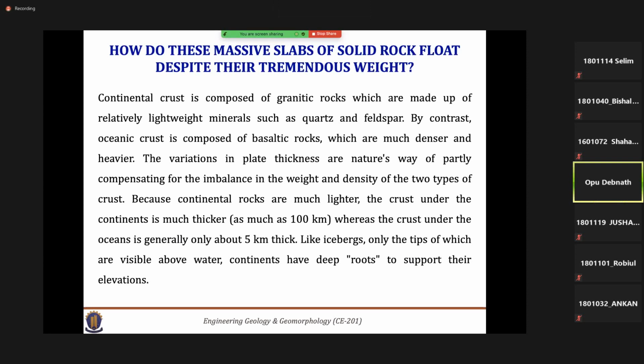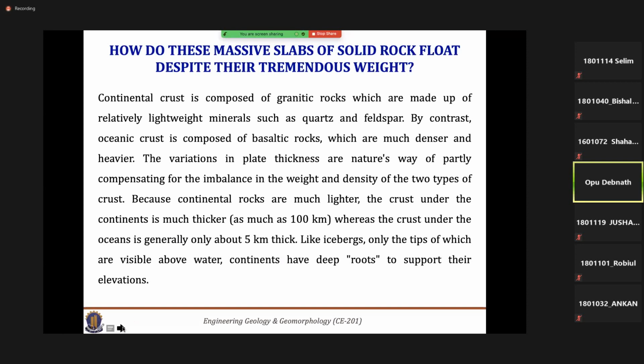In general, the heavier one will go down, and the comparatively lightweight layer will move upward. So due to the self weight of this rock and the relative difference in density and weight, this movement occurs.